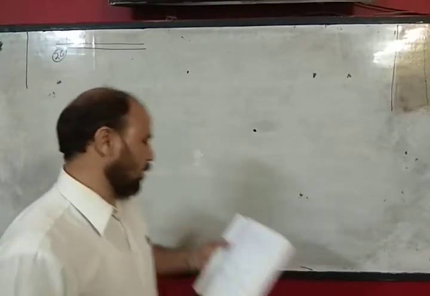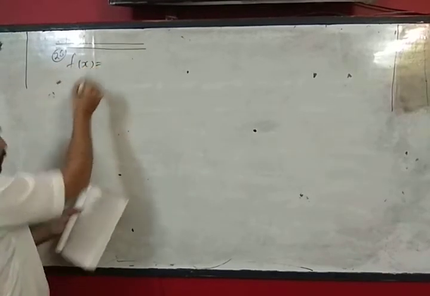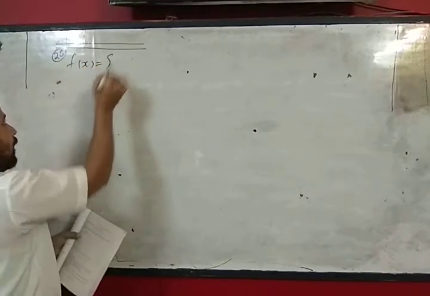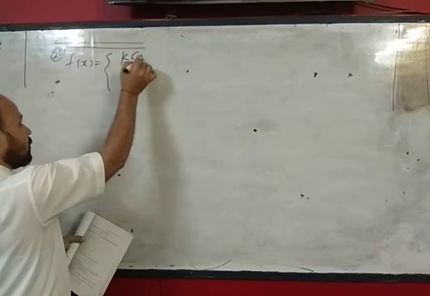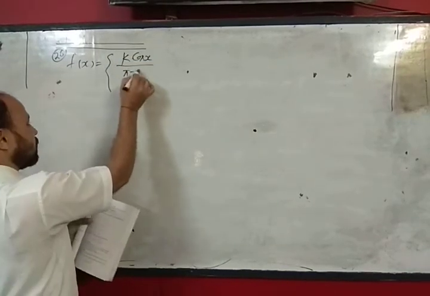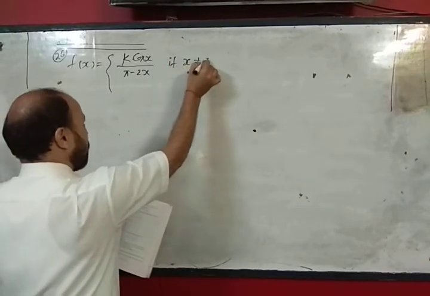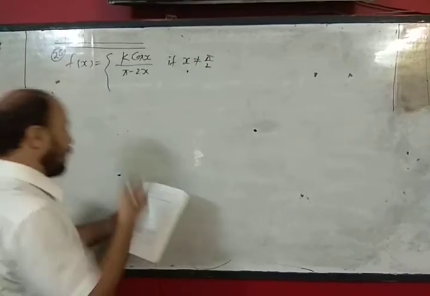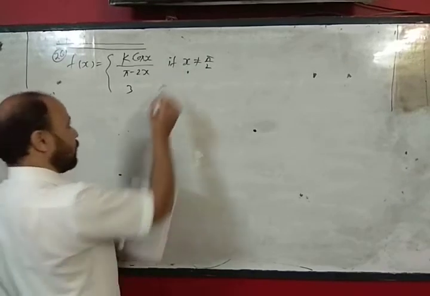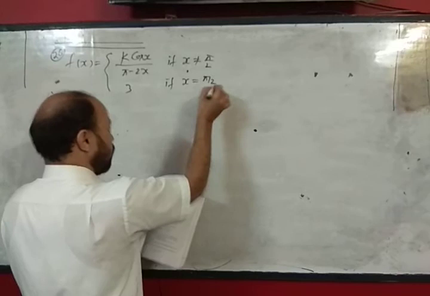Question number 26. A function is given, f(x) is equal to k cos x upon pi minus 2x if x is not equal to pi by 2, and 3 if x is equal to pi by 2.